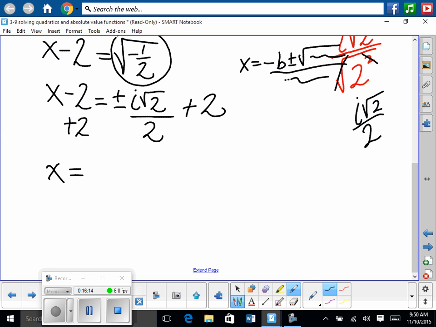So what comes first, the number or the square root? The number. So I'm going to put, is it positive 2? Yes. So I'm going to have 2 plus and minus i square root of 2, but that's not all over 2, it's just this piece over 2. Do you see how I rewrote it? There's our answer.